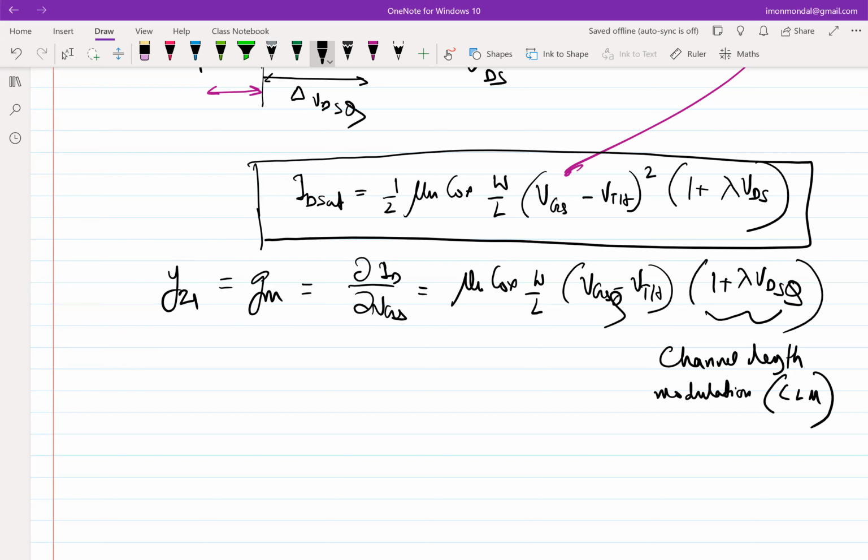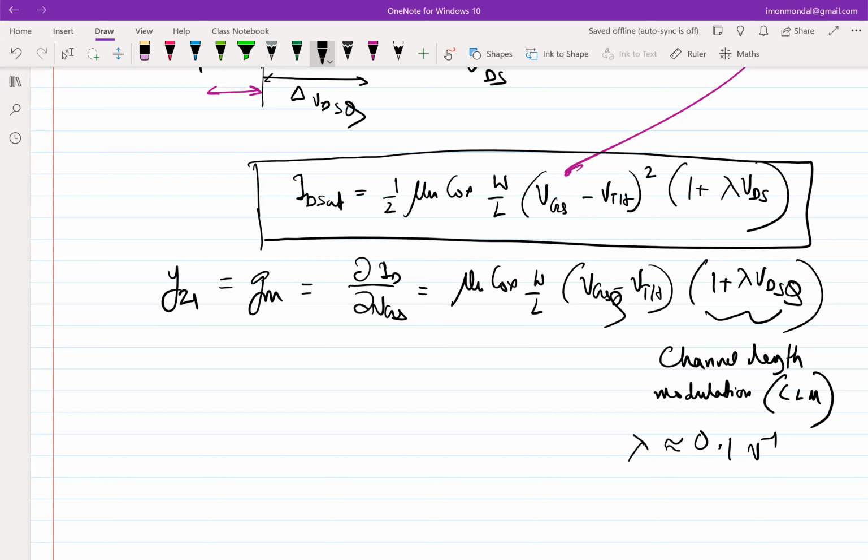And as it turns out, the value of lambda is often of the order of 0.1 volt inverse or less, right? So essentially the slope you can see is not as much, right? 1 plus lambda VDS will be what, if VDS is, let's say, 1 volt, the additional term is like 10% higher, right?